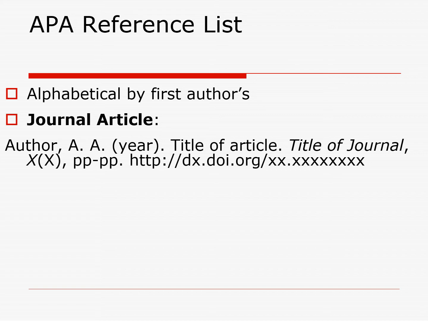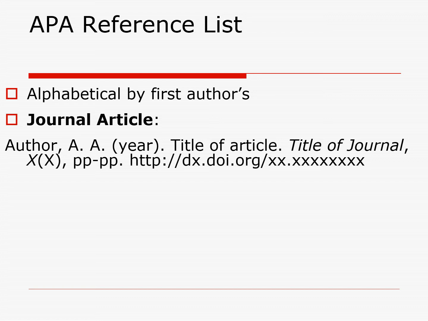The first name of that author is represented by the first A, and then the second A is the middle initial of their middle name. Then we have the year in parentheses with a period, the title of the article. Notice the T in title is capitalized, so the first word in the article title is capitalized. Everything else is lowercase unless it's proper nouns.